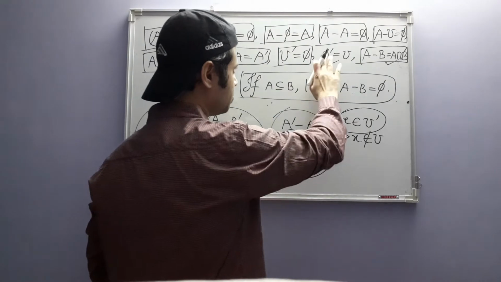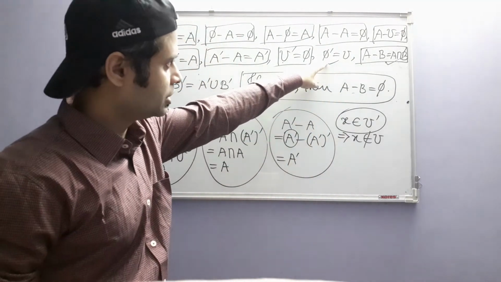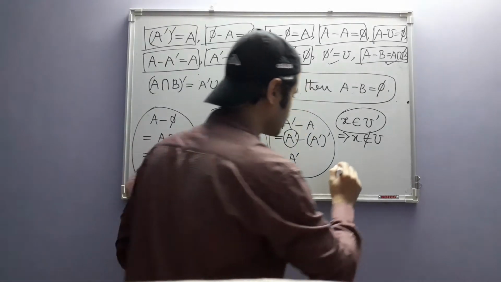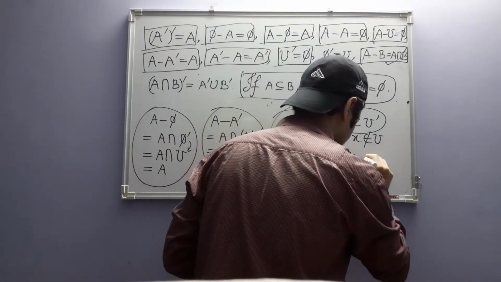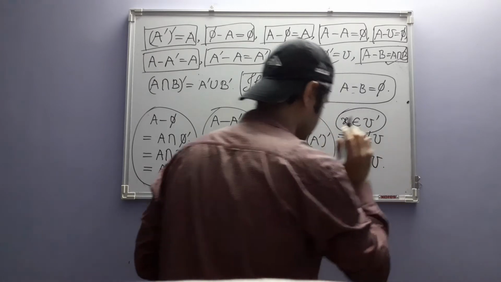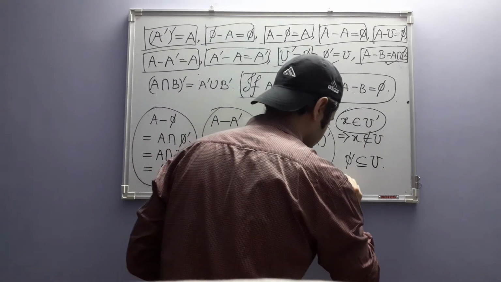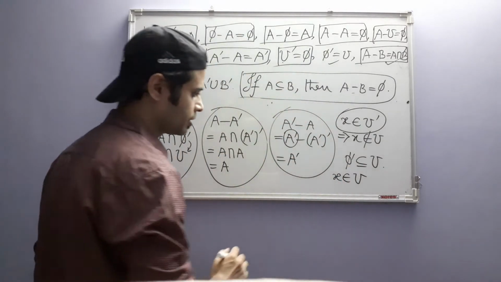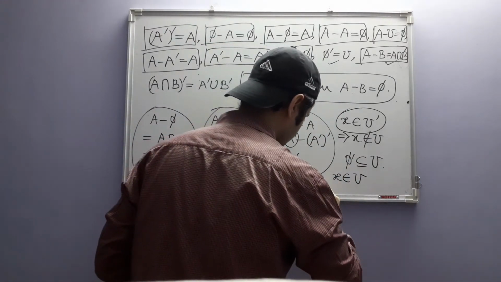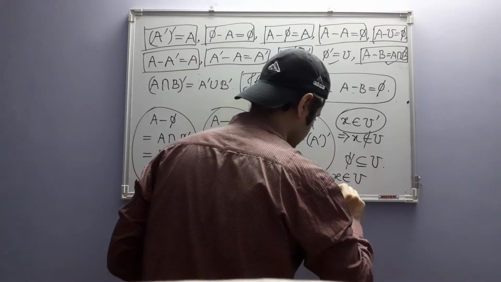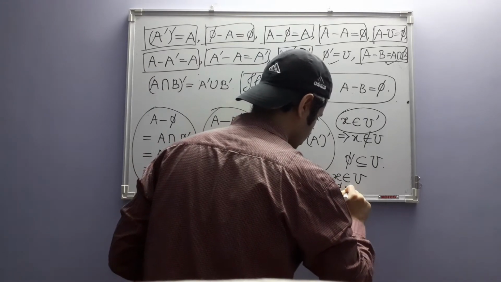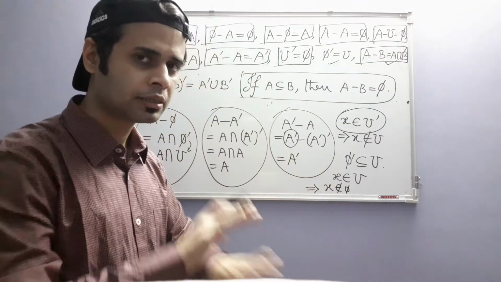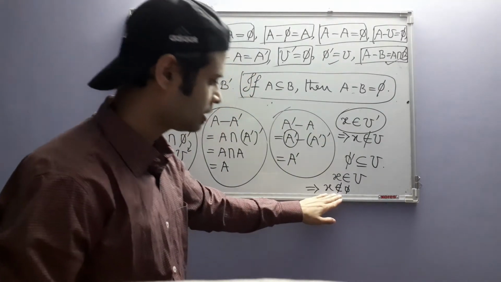Okay. Now, to prove this one, since every set is a subset of the universal set, I already have this. Conversely, I take an element in U. Okay. Now this implies x does not belong to empty set. Actually, you see, there is no apparent relationship between this statement and this statement.